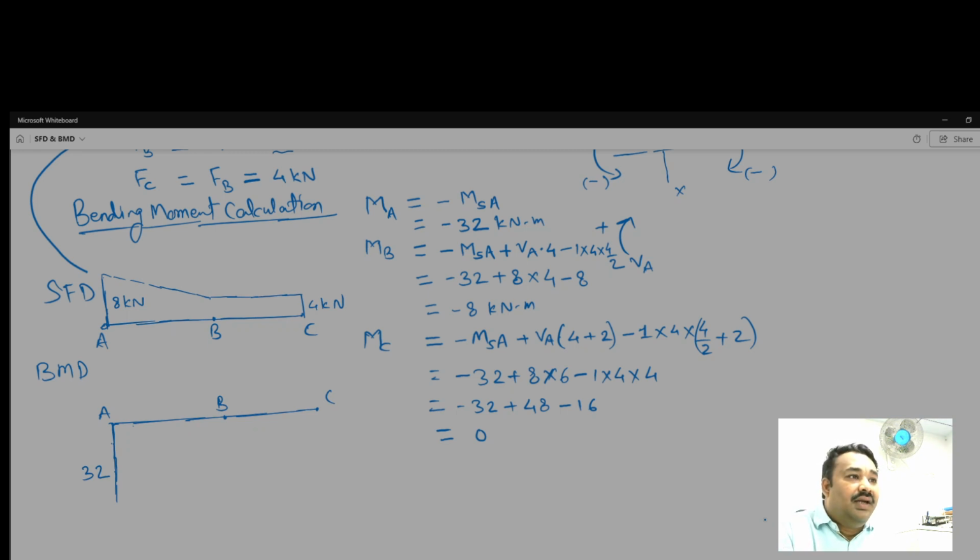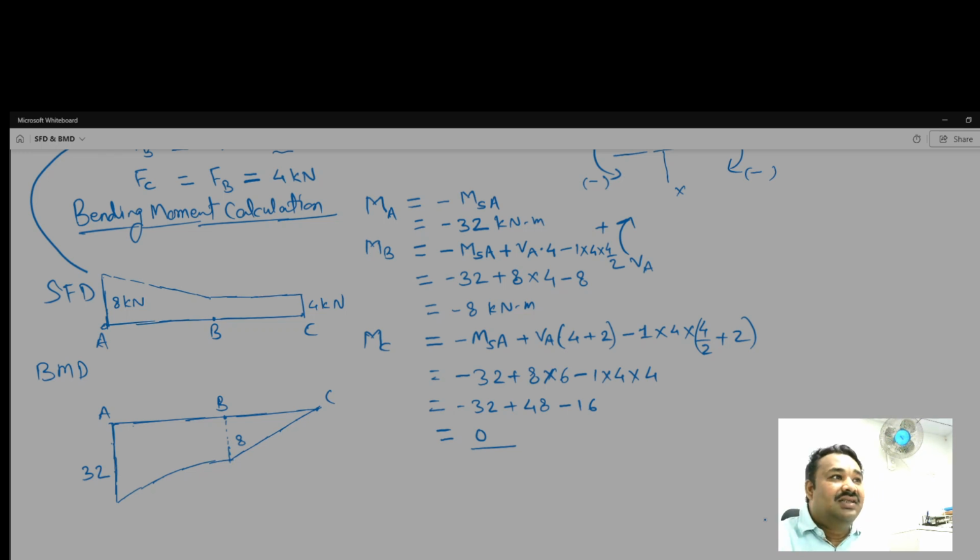At B it is minus 8. Okay. And how does it vary? What kind of equation do we get in between for the UDL? We get a parabolic one, so that's why it is parabolic. And what about B and C? At C it is 0, and between B and C there is only a point load, so we get a linear equation. So in this way we have done SFD and BMD.